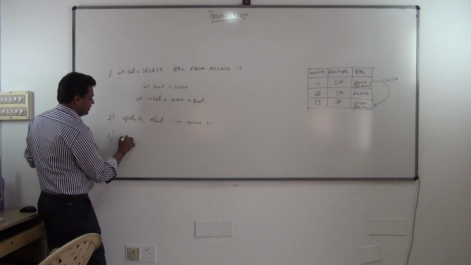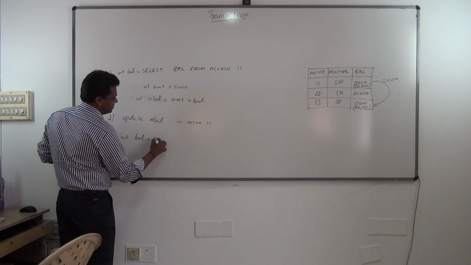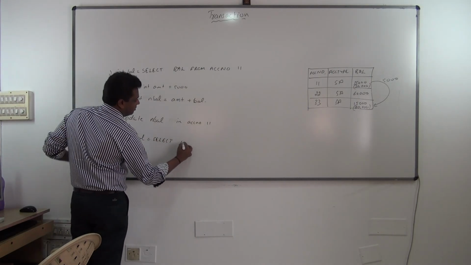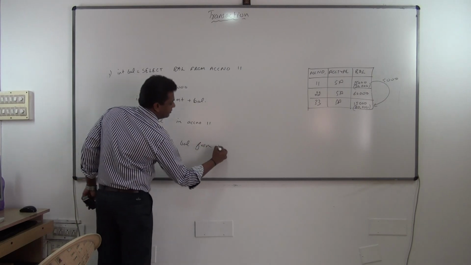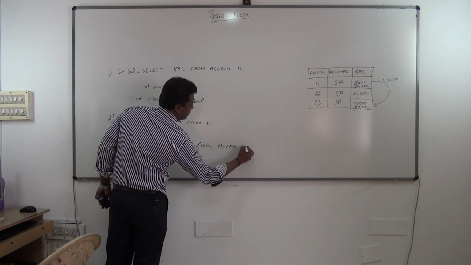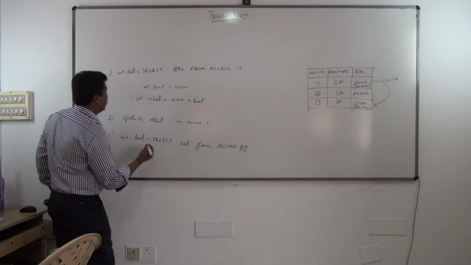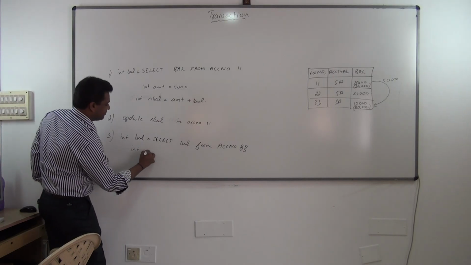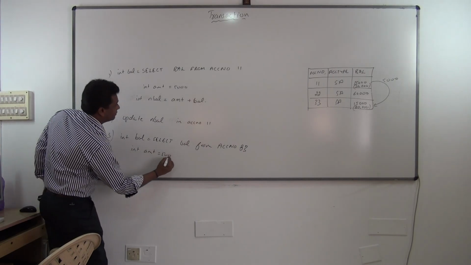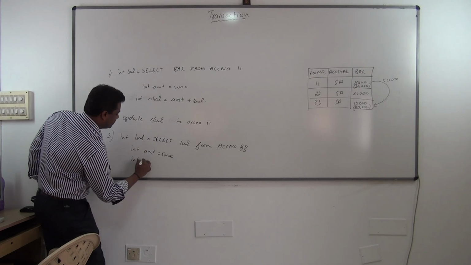Then next, same thing you'll do now. Again, what will you do? Int balance, select balance from account number 33. Once you select, int amount is 5,000 now. So int new balance, what will it be this time?